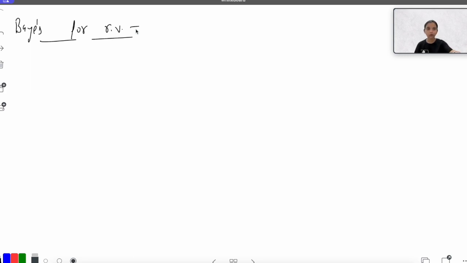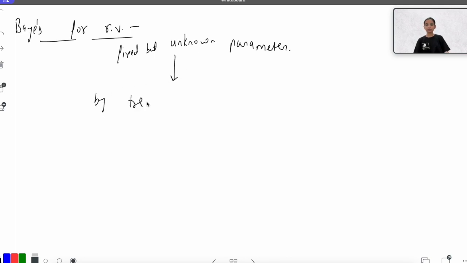Okay, we quantify uncertainty about a fixed but unknown parameter. Okay, that we do with the help of probability theory by treating the parameters as a random variable.